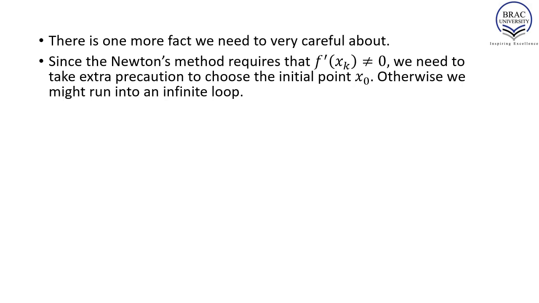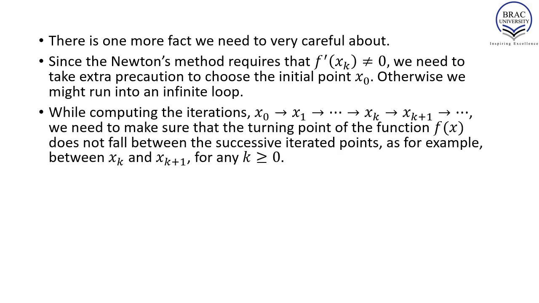The reason is the following: if we deal with a graph that has a higher power, because it is non-linear, it must have a higher power of the variable, then it also has a turning point. At the turning point, the slope is 0. If this turning point falls between two iteration points, then we'll have trouble because on one side the slope will be positive, on the other side negative.